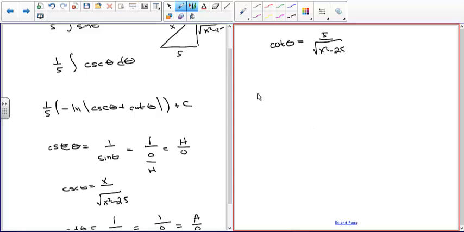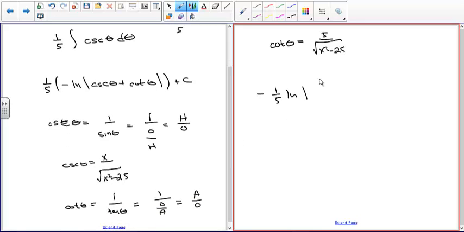So the final answer is negative 1/5 the natural log of the absolute value of x divided by the square root of x squared minus 25 plus 5 divided by the square root of x squared minus 25. And I could combine these two because they have a common denominator.